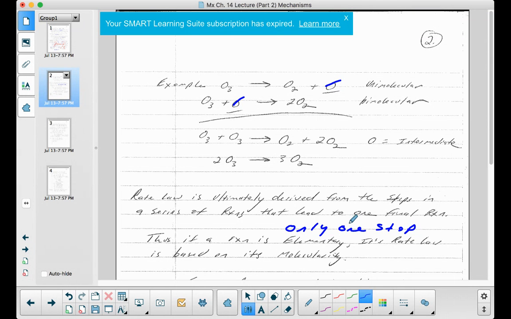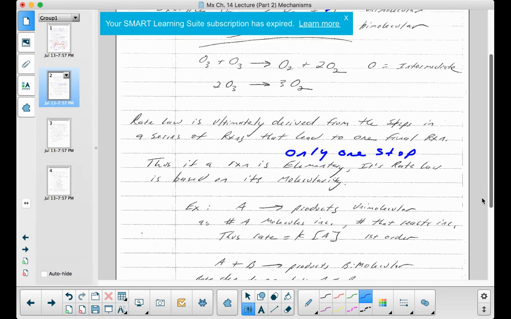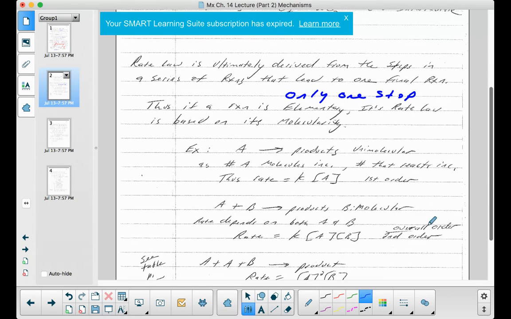And if the reaction is only one step and it's just an elementary reaction, you can use your coefficients to identify the order, okay?